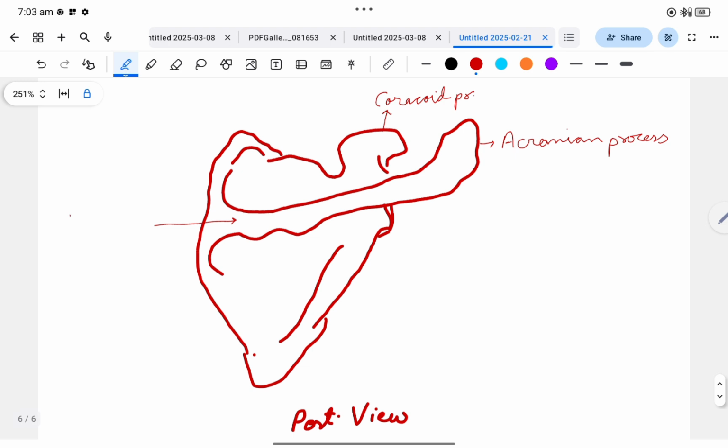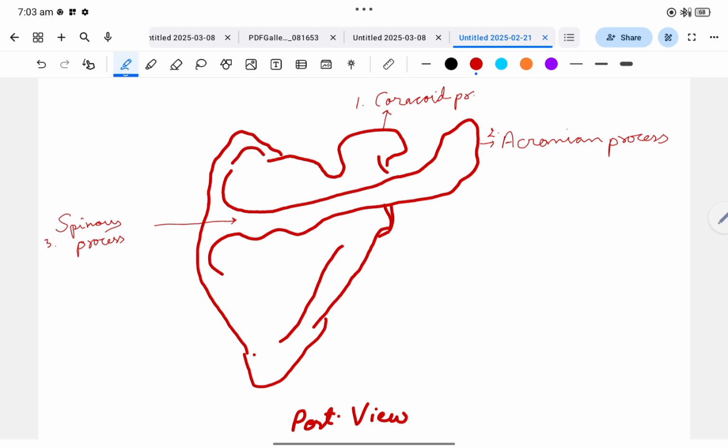This is the spinous process, the spine of the scapula. So we have seen three processes. One is coracoid, second is acromion, and third is spinous.